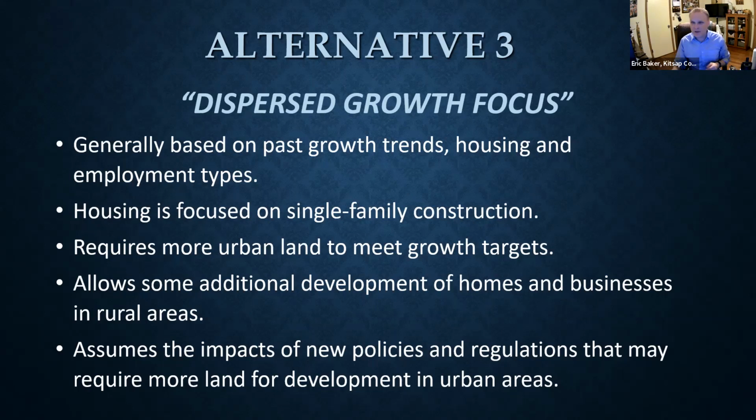When you take a look at this, you assume that this is the biggest alternative that really doesn't serve the environment 100%. There are elements of this alternative that do serve the environment, such as tree retention policies. You remember previously I mentioned tree replacement, where you build, then you replace the trees. This alternative looks at if a certain percentage of a development has to stay in tree canopy.